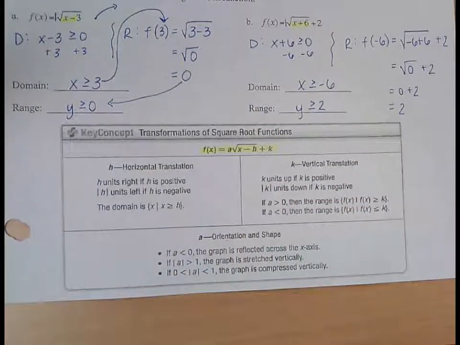So this is the general form of a square root function: f of x equals a times the square root of x minus h, plus k. Hopefully that looks familiar to you, because what I have written on the board up here is a very similar formula that you have seen before: y equals a times the quantity x minus h squared plus k.